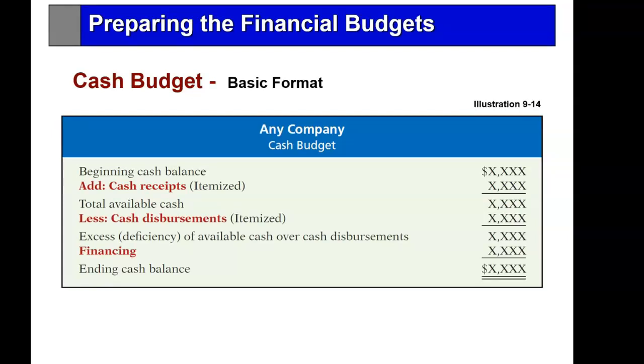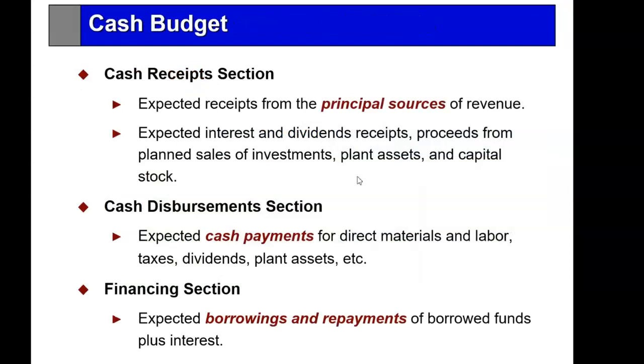And therefore, if I have a deficiency, I have to finance that, and I have an ending cash balance, which starts the next. Now, before we can do this, we have to look at the expected accounts receivable, the expected cash I get from revenue sales.